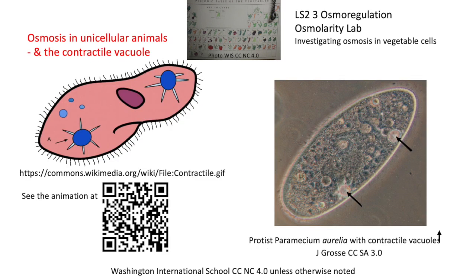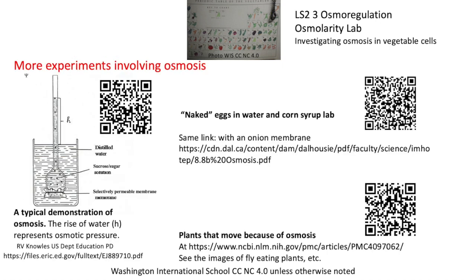And here in paramecium, the contractile vacuole here, because you'll get osmosis through the actual cell wall, outer wall of the paramecium, and you can see the animation of the contractile vacuole and follow that. Pause to look at more experiments, naked eggs in water, and parts of plants that move because of osmosis.